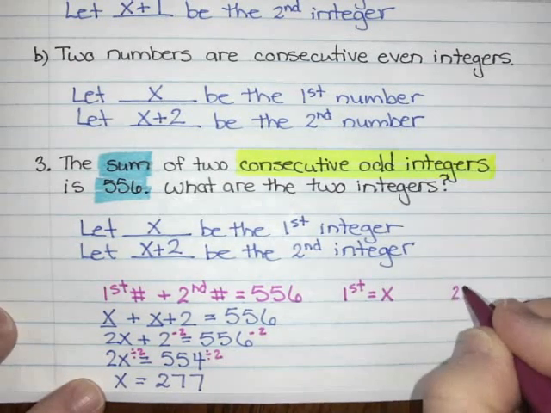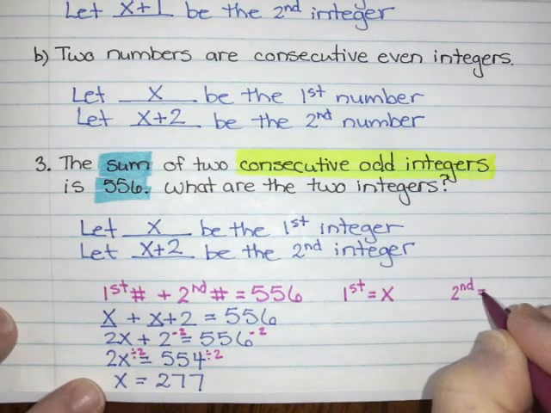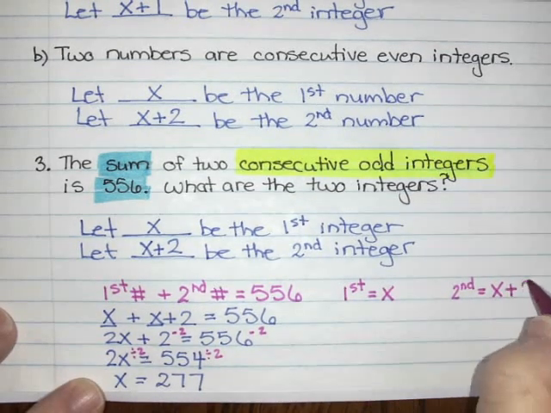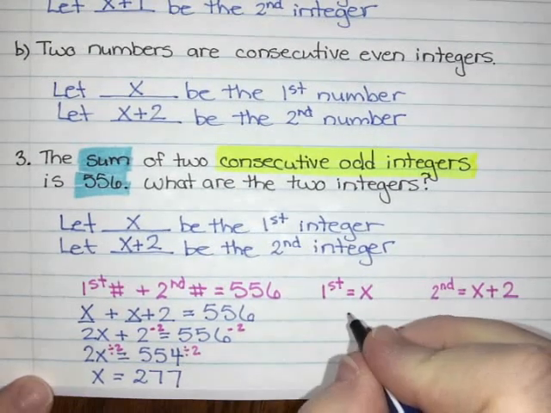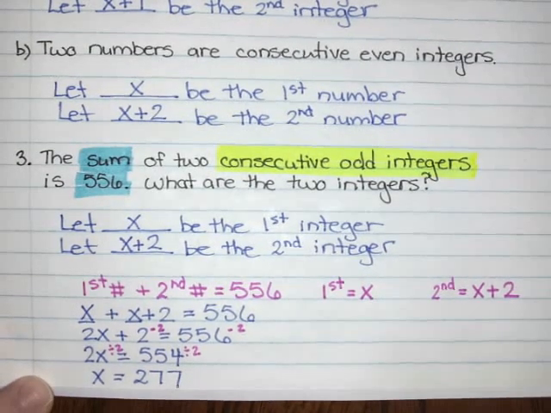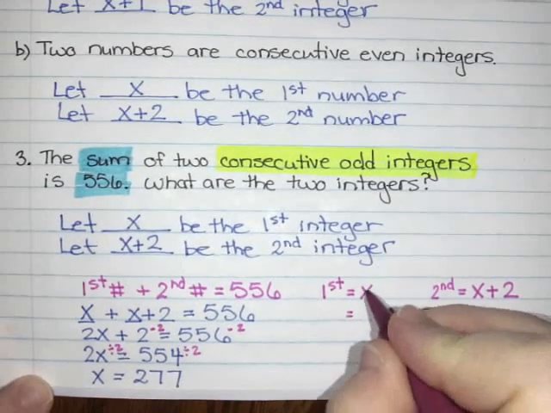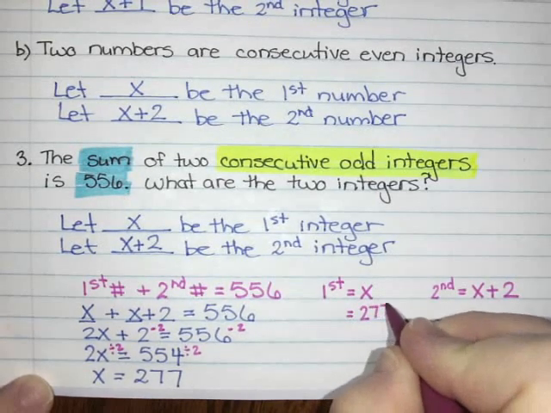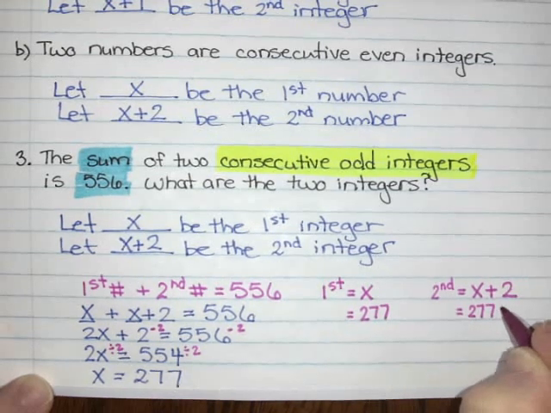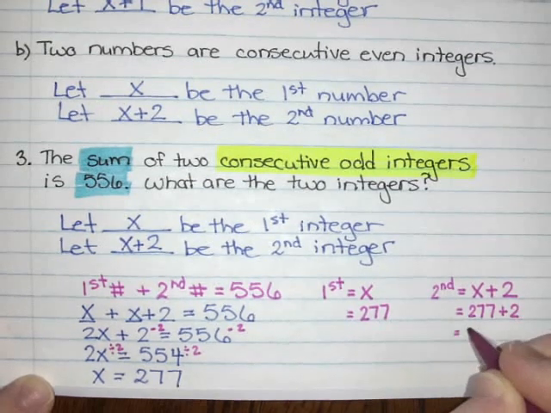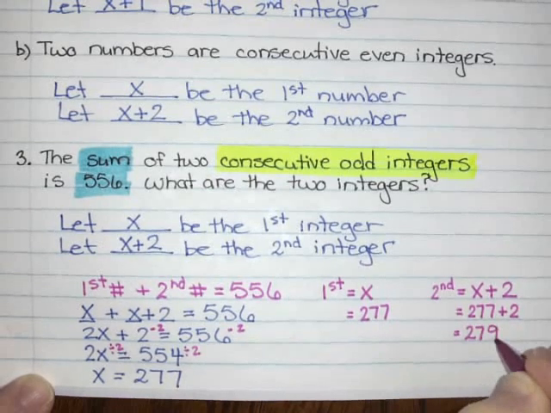We said the second number was x plus 2. I now know that x is 277, so that means that the first number is x, so 277. The second number is 277 plus 2, or 279.